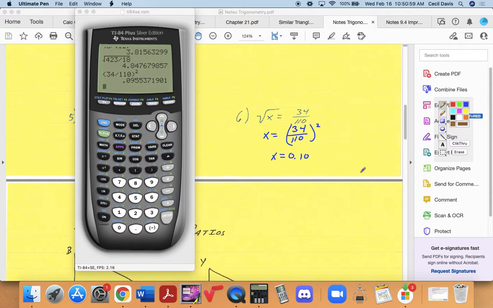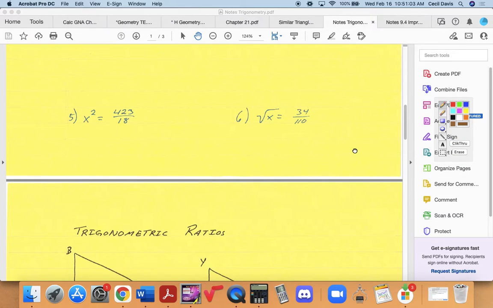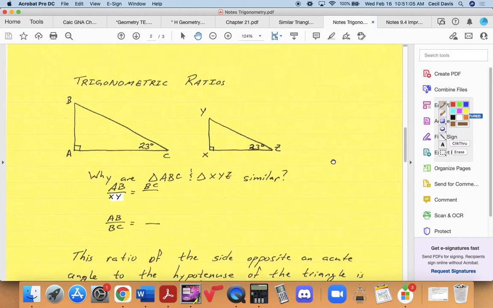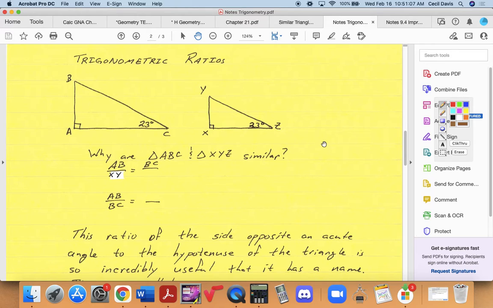All right, page 2. That's all getting ready to solve trig things. So trigonometry all comes from similarity, or at least the basis of trigonometry that we're going to do all comes from similarity.